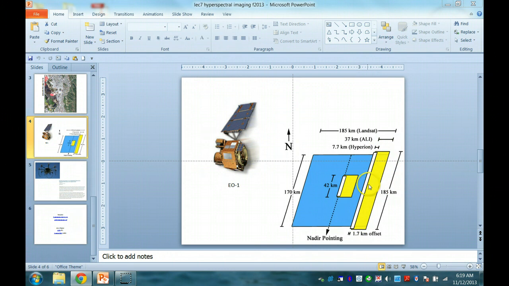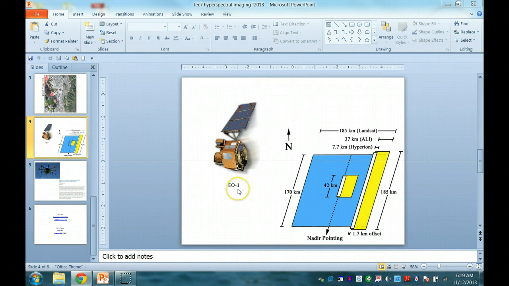Again, these were relatively low-cost experimental sensors, and so they do not have a real wide swath width. Their main purpose was to test some of these technologies so that we could determine how useful they're going to be and what we're going to be doing in the future. So again, there's a link at the end to take a look at the EO-1 satellite.